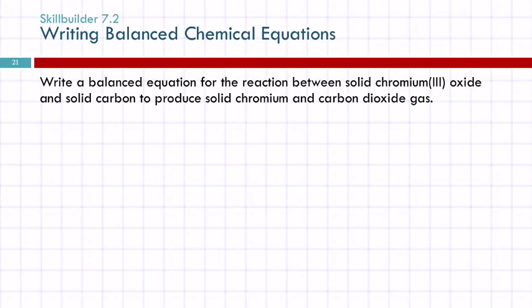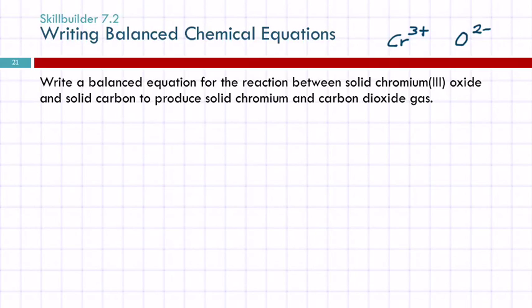So chromium, I'm going to make some little notes to myself. Chromium(III) would be Cr3+. When we're writing formulas for ionic compounds, we have to consider the charges on the different ions. And oxide is from oxygen, and what's the charge on the oxide ion? -2. So I see that these charges are not the same.